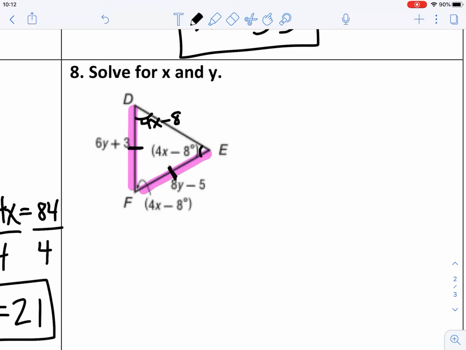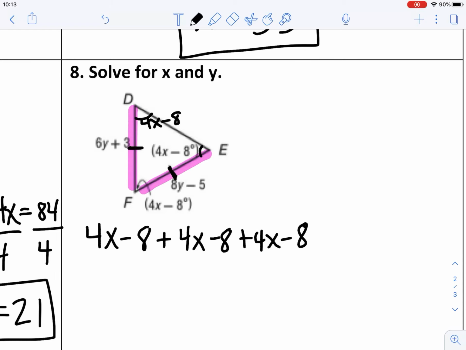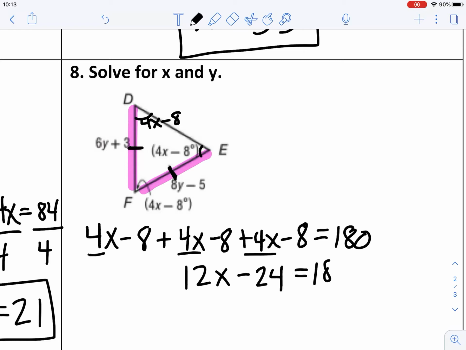Let's solve for x. Again, the three angles of a triangle, 4x minus 8 plus 4x minus 8 plus 4x minus 8, have a sum of 180 degrees. We'll combine like terms to get 12x minus 24 is equal to 180.